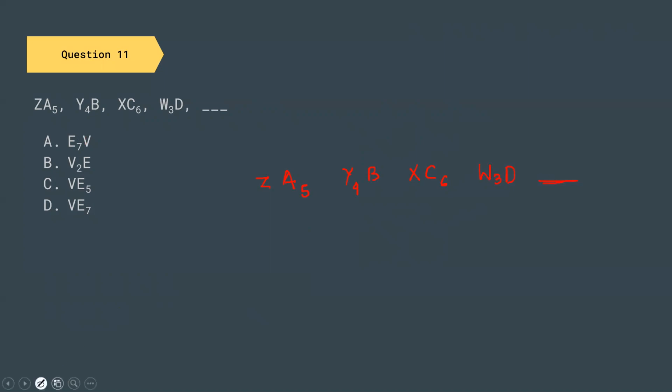In this particular blank, you can assume that there will be two letters: the first letter and the second letter. The first thing we should do is try to guess the letters. So Z minus 1 is Y, Y minus 1 is X, X minus 1 is W, and W minus 1 will be V. That is V, W, X, Y, Z. Fine.